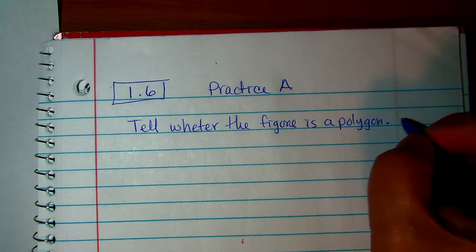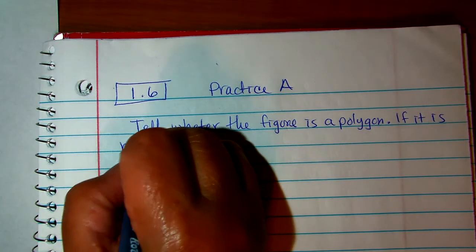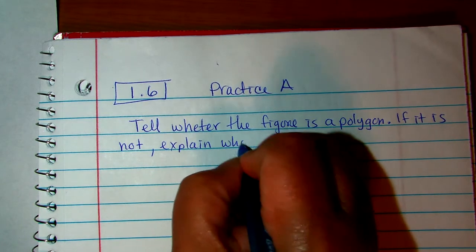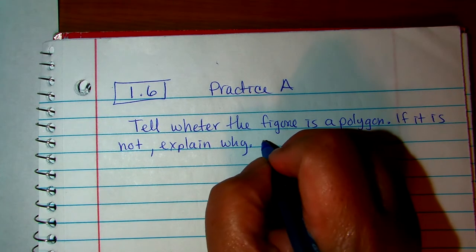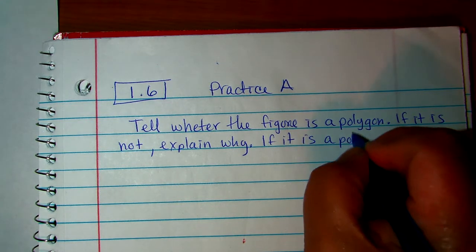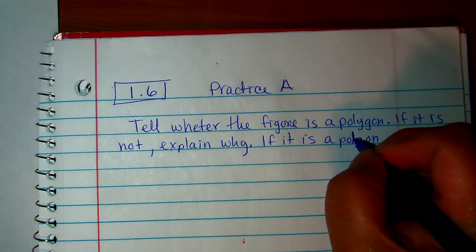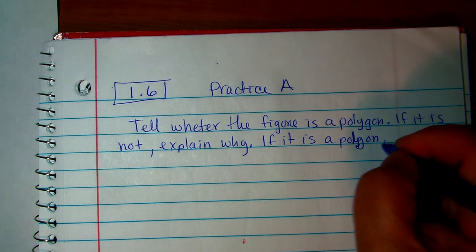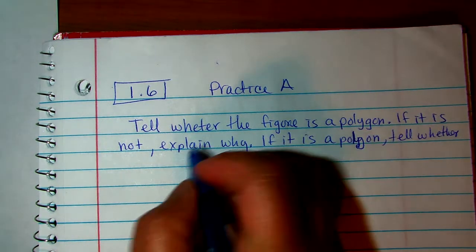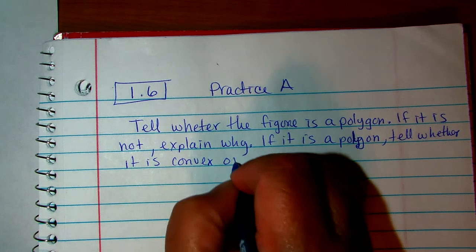If it is not, explain why. If it is a polygon, tell whether it is convex or concave.